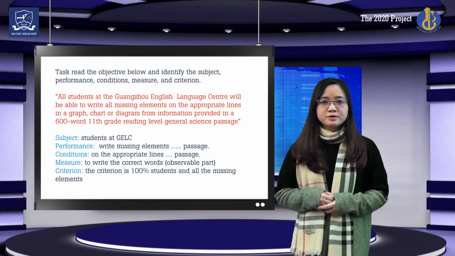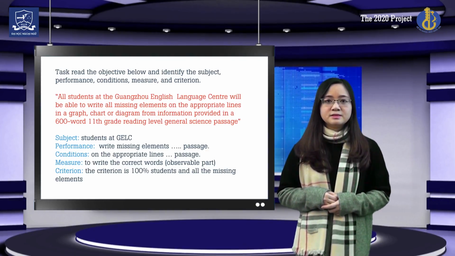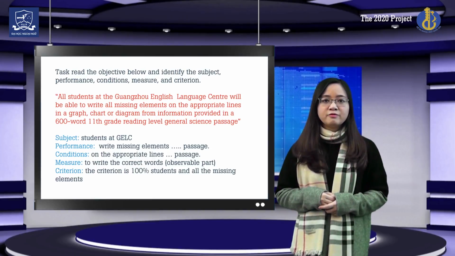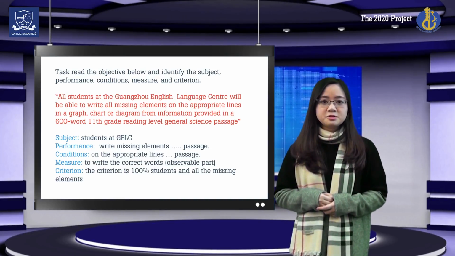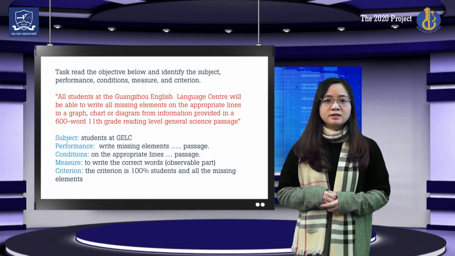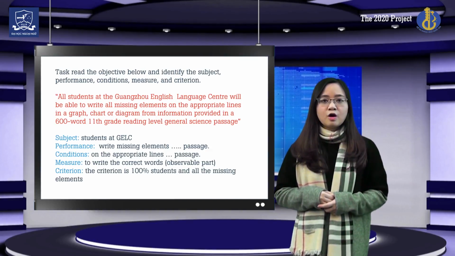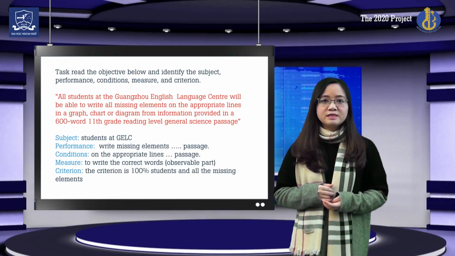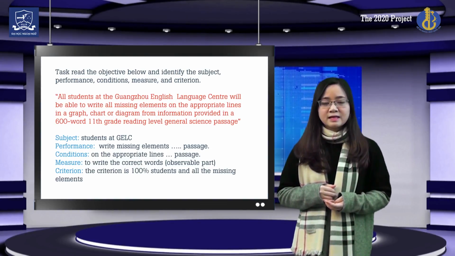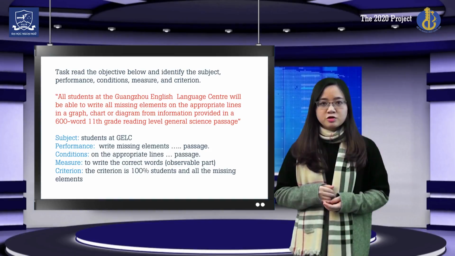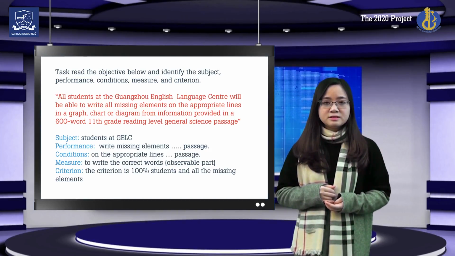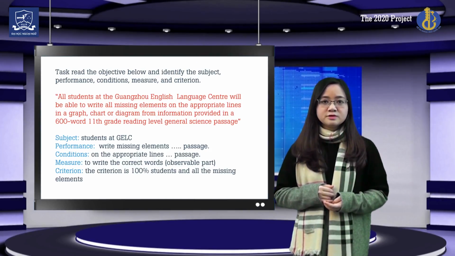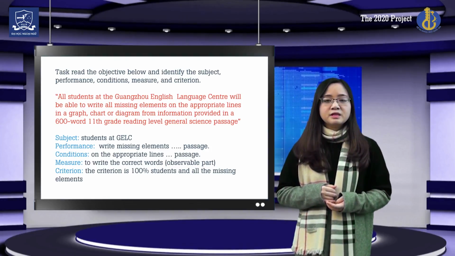Performance here refers to writing missing elements in a graph, chart, or diagram from the information provided in a passage. The condition includes the 600-word, 11th grade reading level general science passage. The measure is to write the correct words, the observable part of the objective, and the criterion is that 100% of the missing elements are written correctly.